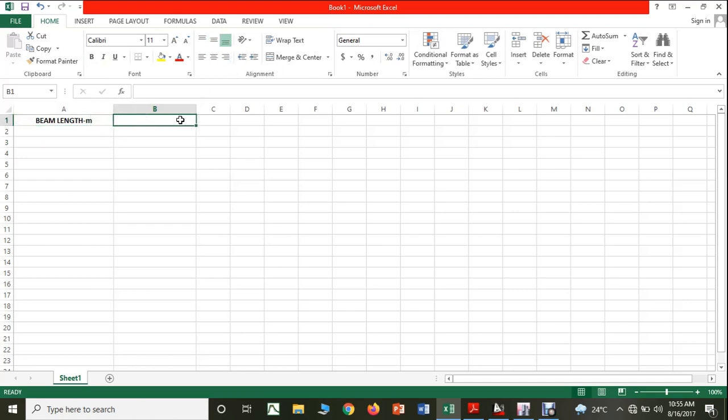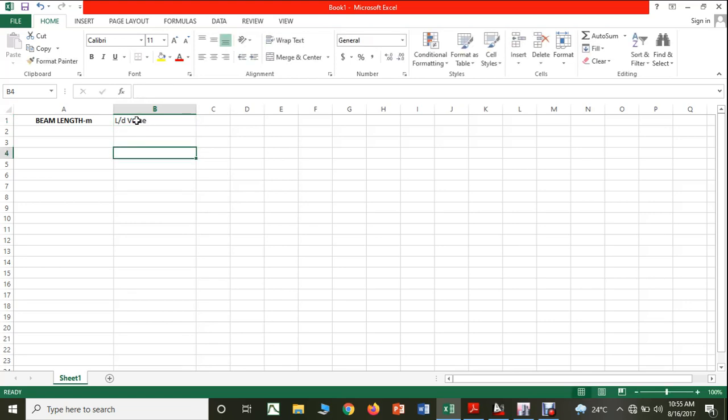Now definitely I have to decide whether it is a cantilever beam, a simply supported beam or a continuous beam. Therefore I'll write the L by D value.